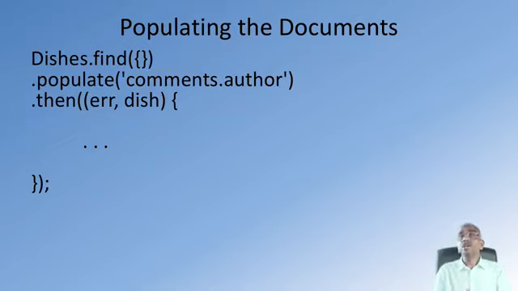But instead, if the user is examining a specific dish and wants to see the comments, at that point you may wish to execute a server-side request and fetch the comment information with the author information populated in, and obtain that for use within our client side.